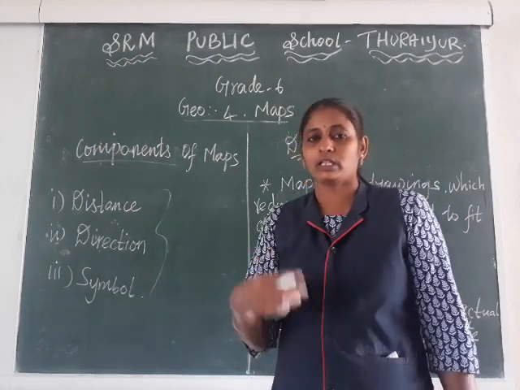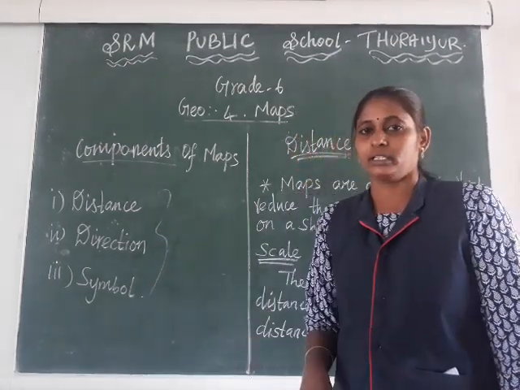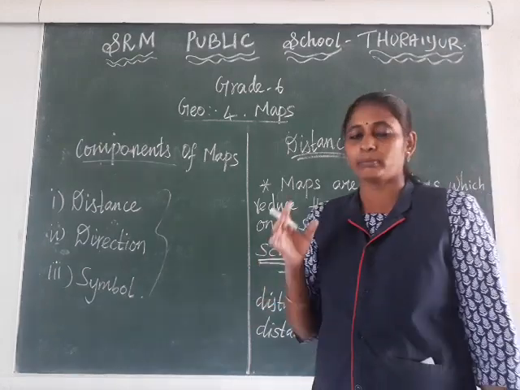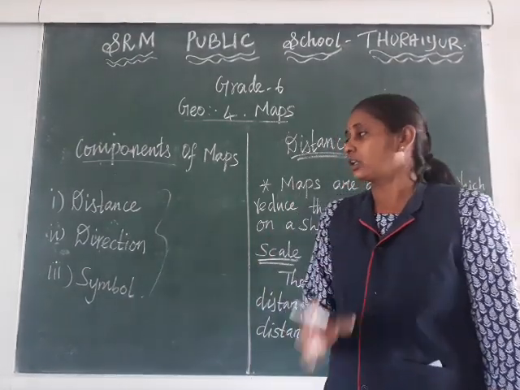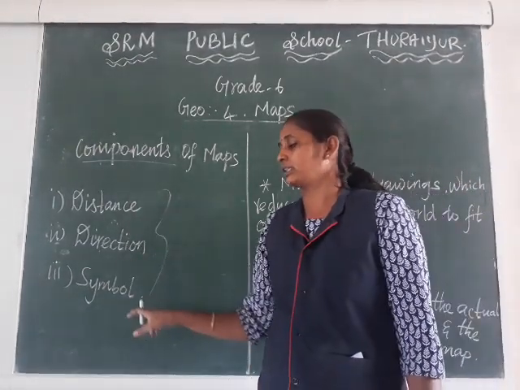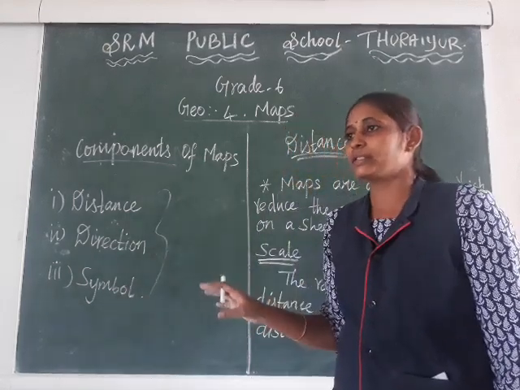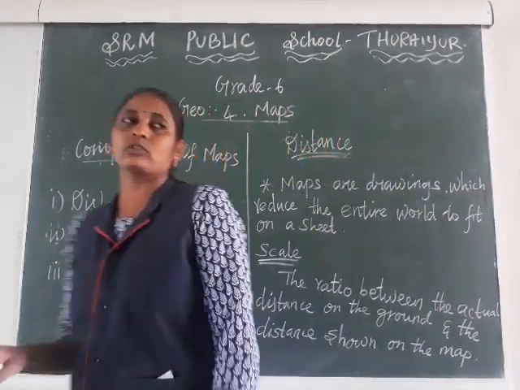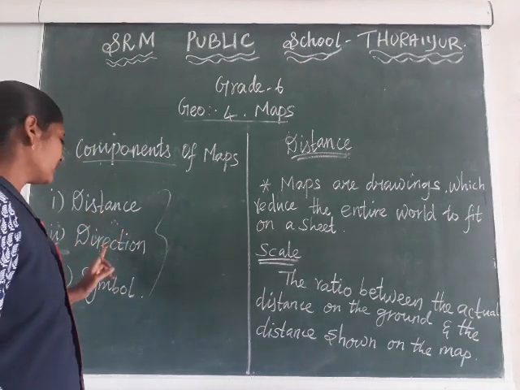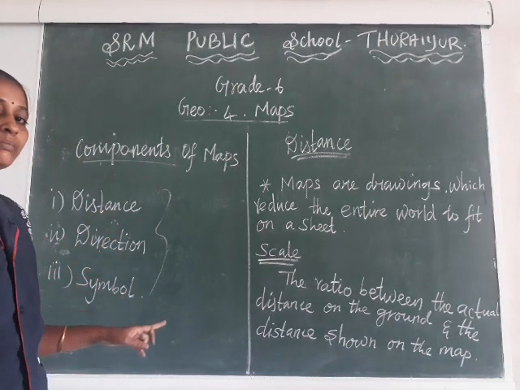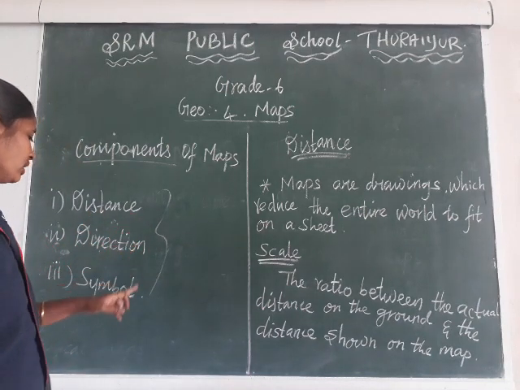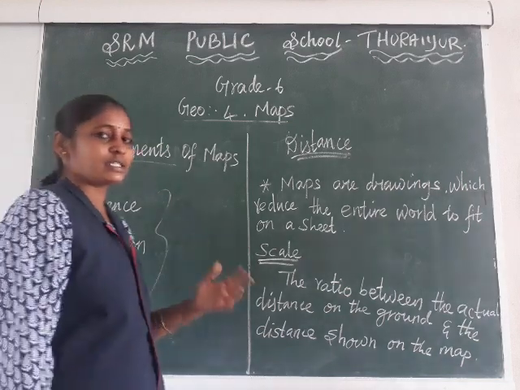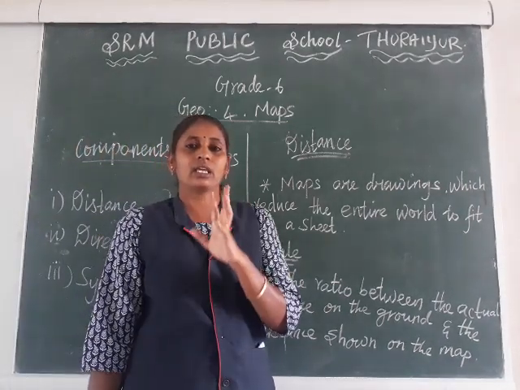These are the basic elements of a map: distance, direction, symbol.